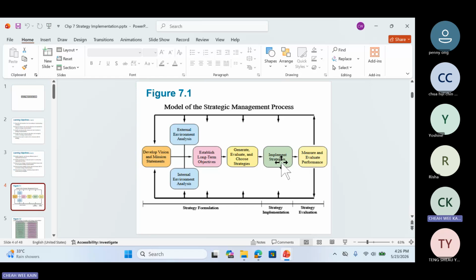Basically, KPI is made from the functional strategies. Of course, the functional strategy must be in line to support the corporate. That is the first step. Therefore, we can make KPIs based on the functional strategies. Sometimes we can use the word MBO. So your MBO will be the KPIs.